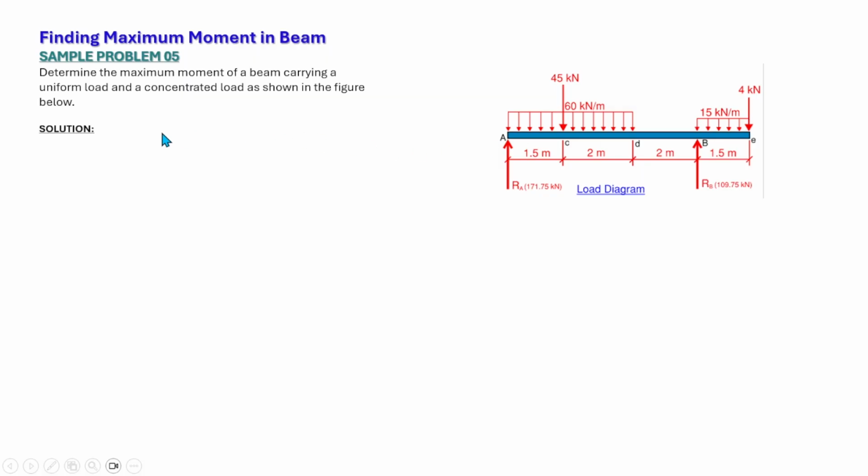So let's get started with our solution. First of all, before we can start to draw the shear diagram, we need to find the reactions at the supports. We can choose any arbitrary location, point A or B. So let's say summation of moments at A, positive clockwise, is equal to 0.